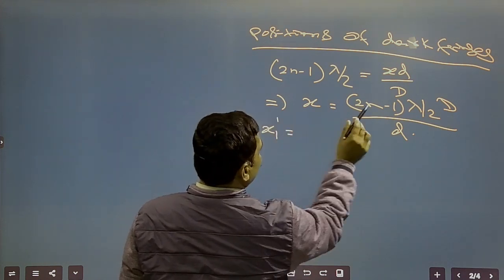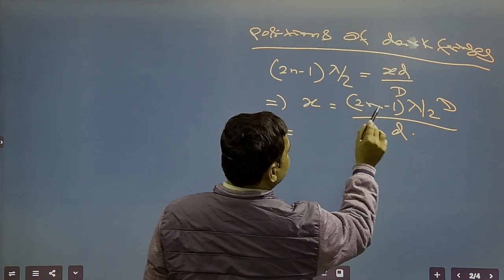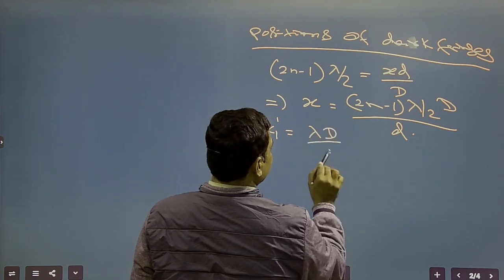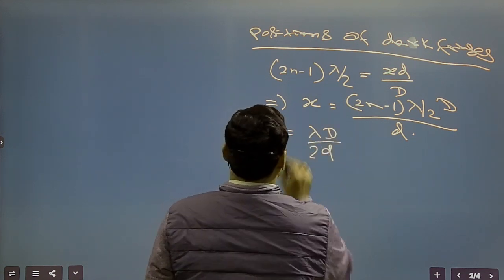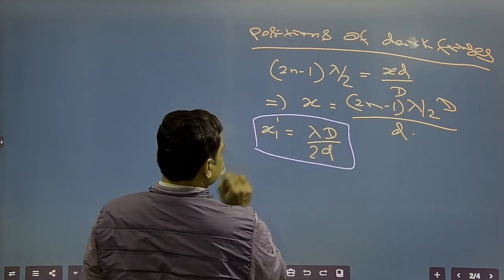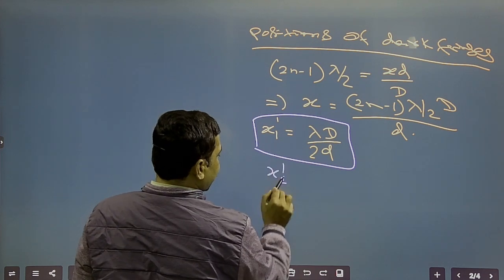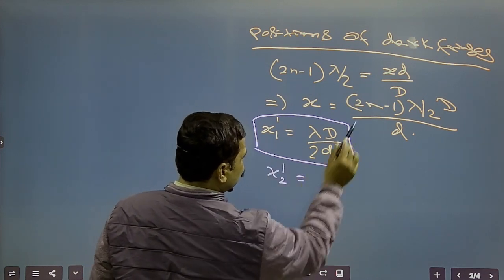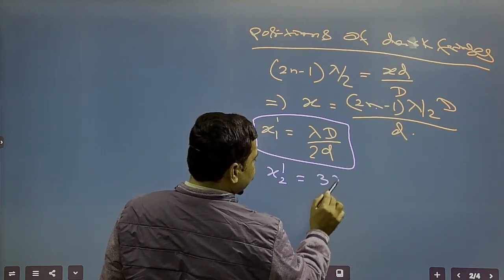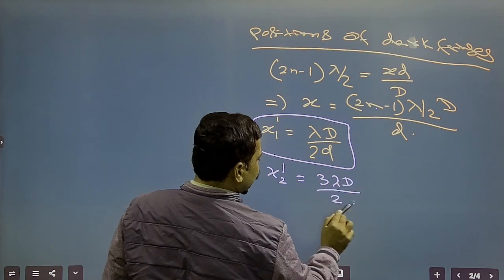For n equal to 1, we get (2 into 1 minus 1) lambda by 2, so we get lambda D upon 2d, right? So this is the position of the first dark fringe. Similarly, for the second dark fringe, n equal to 2, so 2 into 2 minus 1 is 3, and we get 3 lambda D by 2d, right?